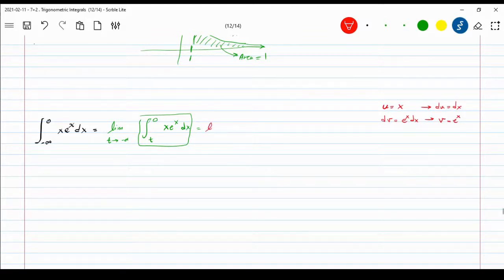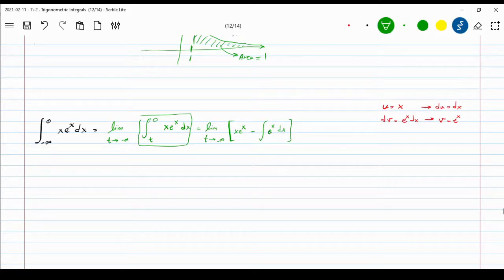The limit is still there, limit as t approaches negative infinity. What is the integral? It would be uv, so x e to the x, minus the integral of v du, which is e to the x dx, from t to 0.